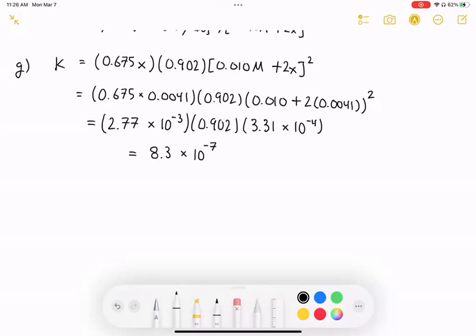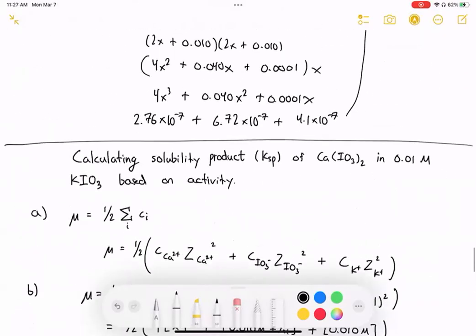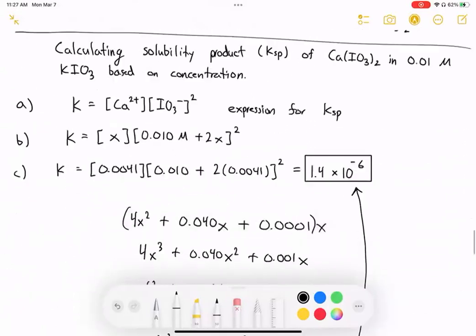Yeah, so even if you added some, it'll just shift the equilibrium. So the solubility will decrease, but that means that the product of the ions, the constant, should still be the same. So we got closer to the value, but it looks a little bit off here versus the concentration-based example.